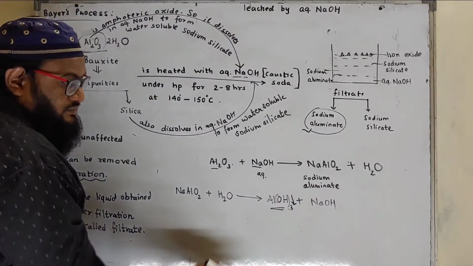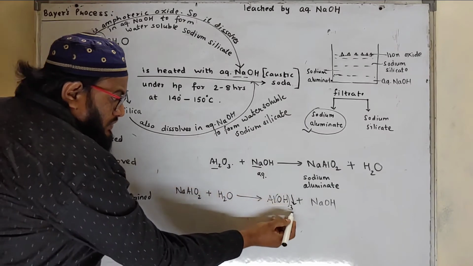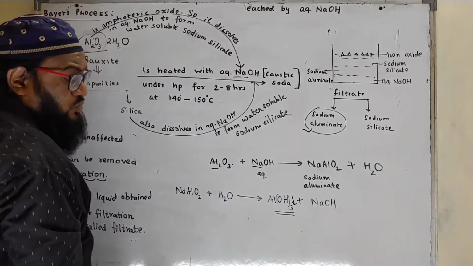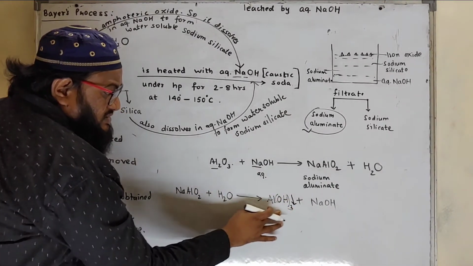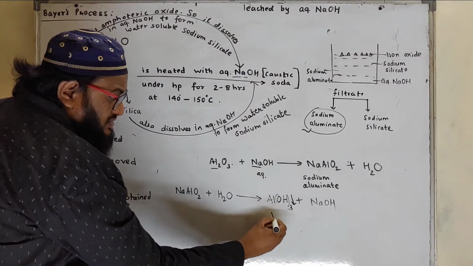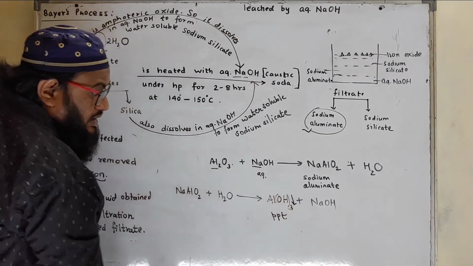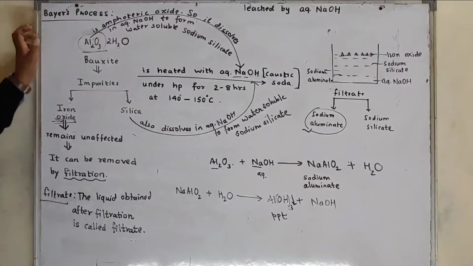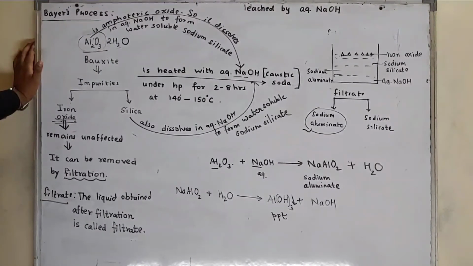But cooling to 50 degrees Celsius results in precipitation of aluminum hydroxide. This is the precipitate. The actual process is that we need to add a little aluminum hydroxide to the filtrate, and stir the filtrate, and then put in water and cool to 50 degrees Celsius, which will result in precipitation of aluminum hydroxide.